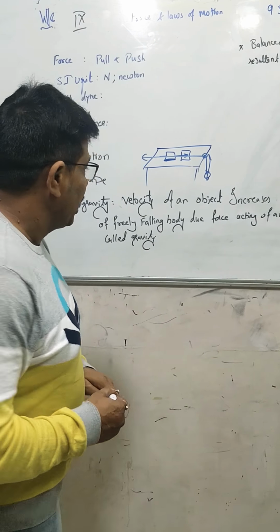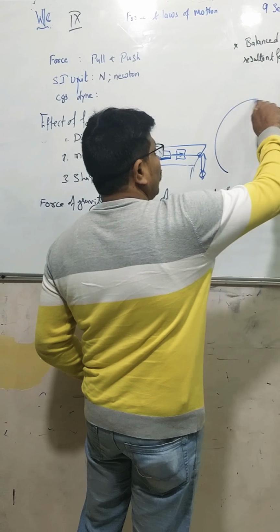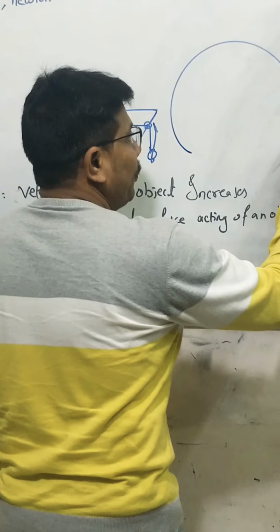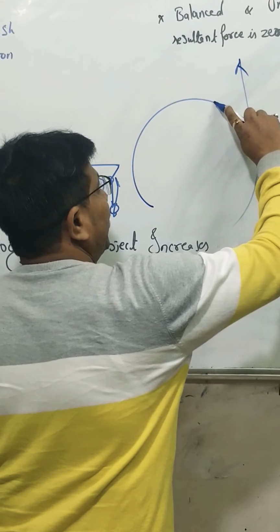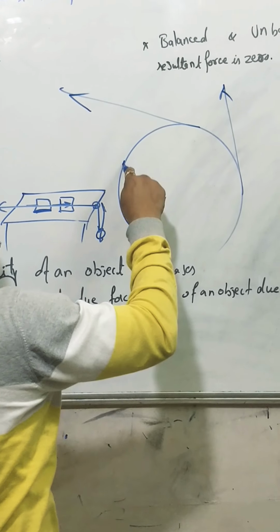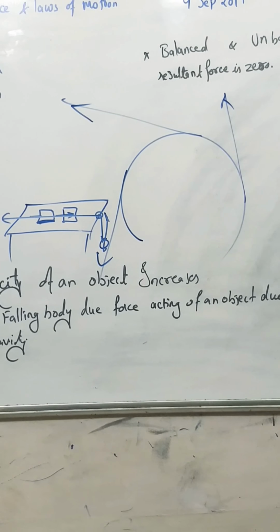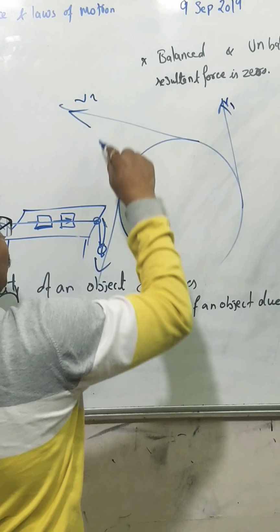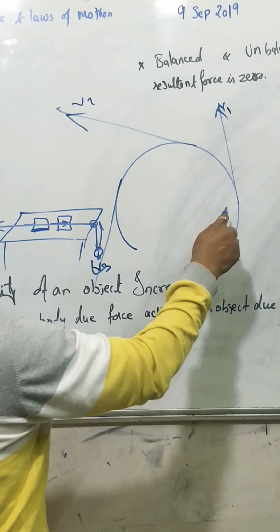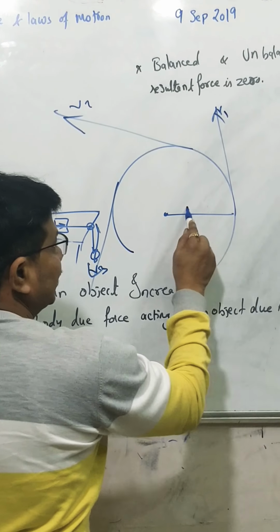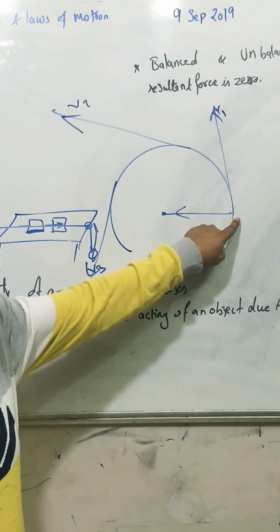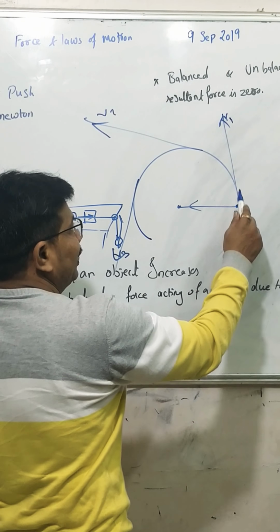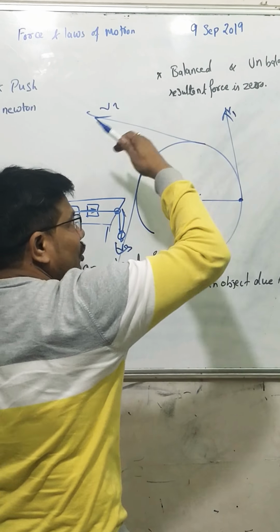See, if I have circular motion, this is a circular motion. At any point, draw a tangent. This will be the direction of velocity v1, v2 and v3. The force directed towards the center compels the object to turn its direction.